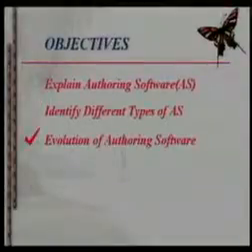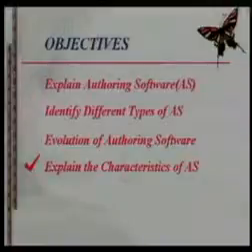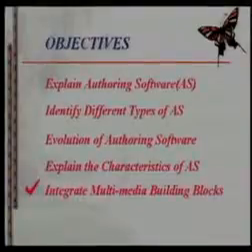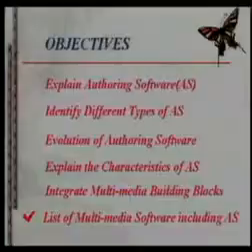Third, you can explain the evolution of authoring software and the characteristics of authoring software, and finally integrate multimedia building blocks, that is, each component and how to integrate it, and lastly identify the list of multimedia softwares.